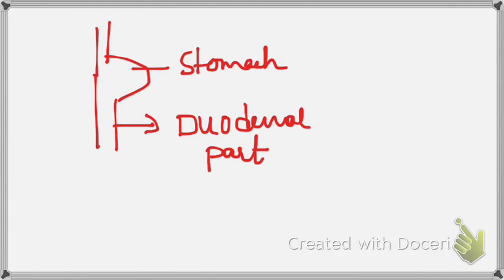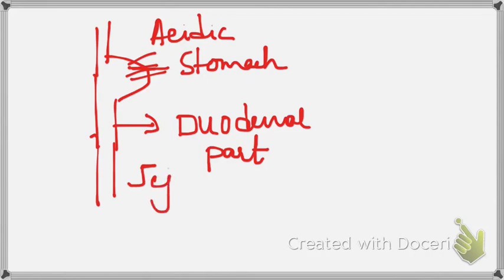So, theoretically we saw acidic drugs are better absorbed in the stomach. Basic drugs are better absorbed in the intestine.